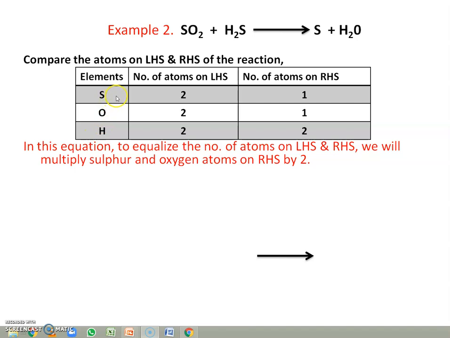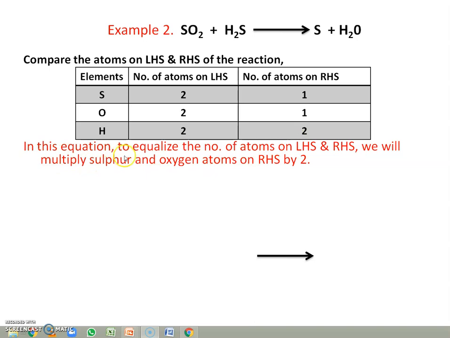The number of sulfur atoms, oxygen atoms and hydrogen atoms on the left hand side are 2 each, while on the product side the number of sulfur atoms is 1, the number of oxygen atoms is 1 and the number of hydrogen atoms on the product side is 2.